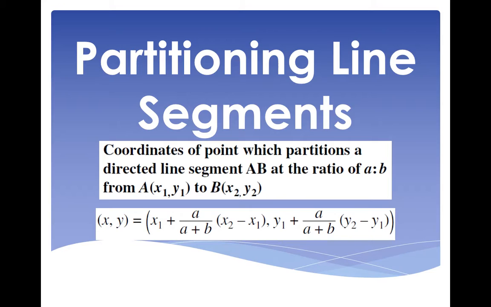Hello. Today we will be working with partitioning line segments. When we're talking about partitioning line segments, we're saying that it's the coordinates of a point which partitions a directed line segment labeled AB at the ratio of A to B from capital A, which represents the first point, x1, y1, to capital B, the second point, x2, y2.